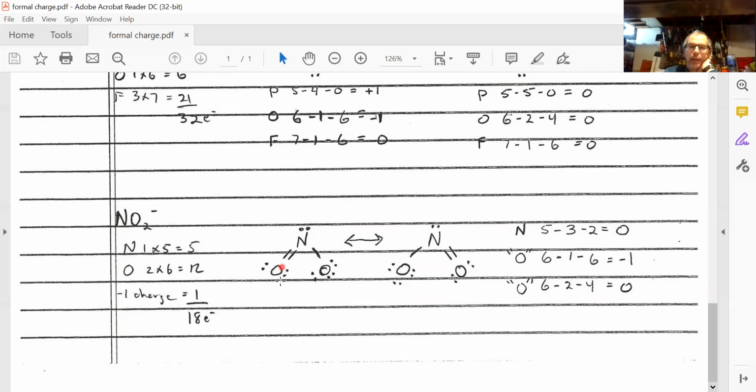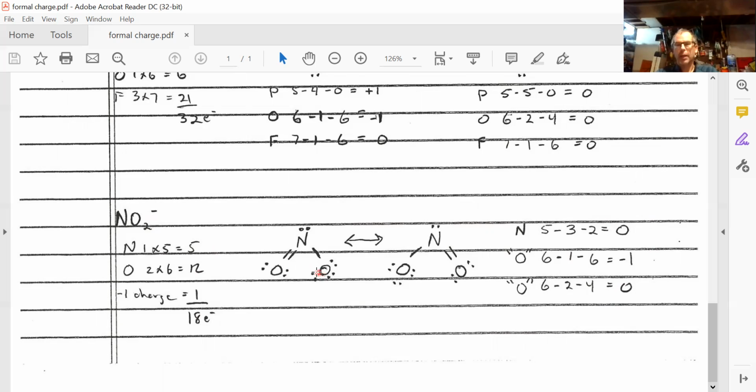With the double bonded oxygen, that ends up being 0. And with the single bonded one, it ends up being -1. Now we know this is really a 1.5 bond, so I'm trying to put a localized electron where it really doesn't exist. But notice overall we get a -1 charge. Can that happen? Well, yeah, because we have a negative charge here.